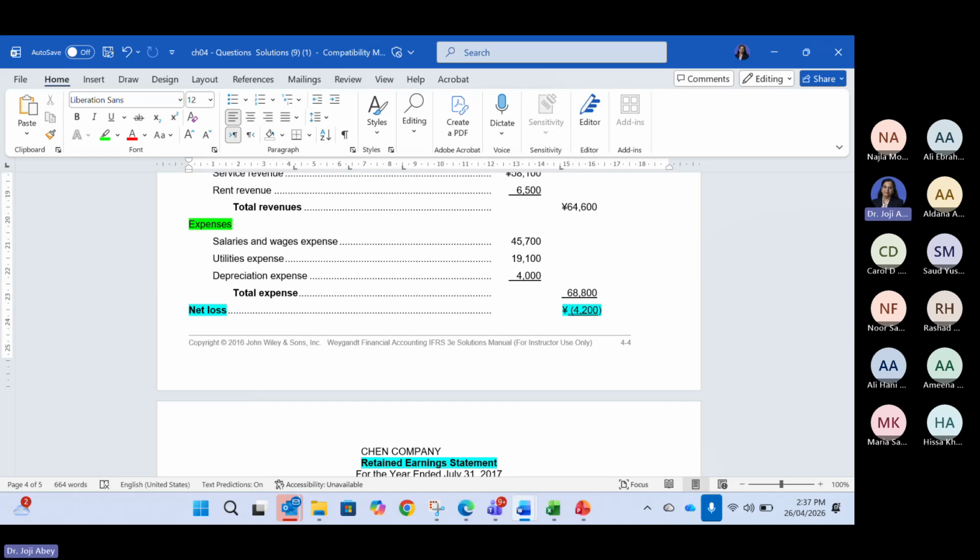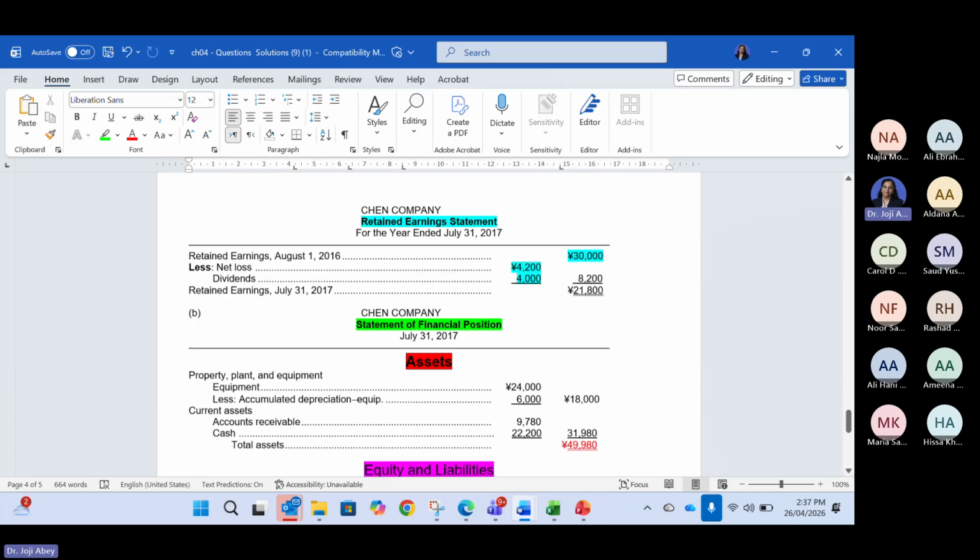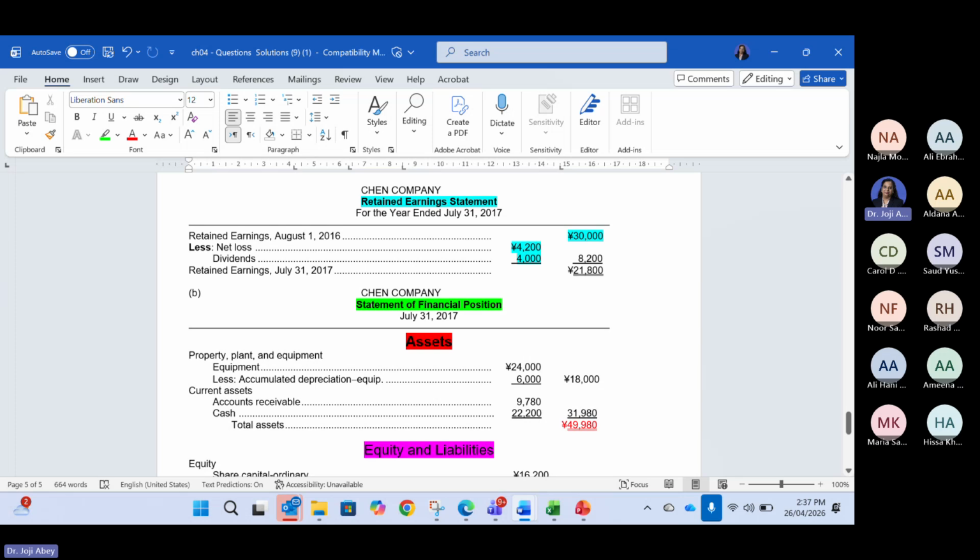Your answer comes in negative and it is loss. That means your revenue is less than your expenses. Then you need to prepare your retained earnings.